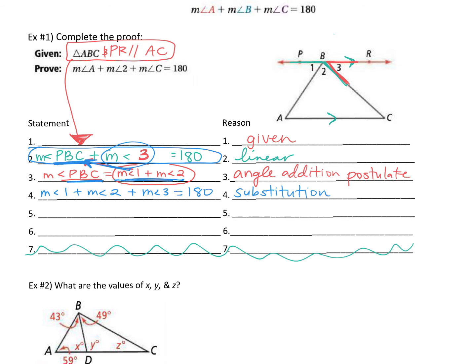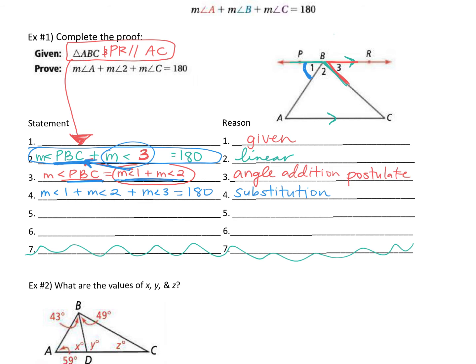Okay, so now think about this. 1 plus 2 plus 3 equals 180. Do you see anything that angle 1 is congruent to? Which one? 3? Might be 3, but we don't know that for sure. There are types of angles that you learned in the very first lesson of this chapter that are in this picture. We know the lines are parallel. What kind of angles do you see?